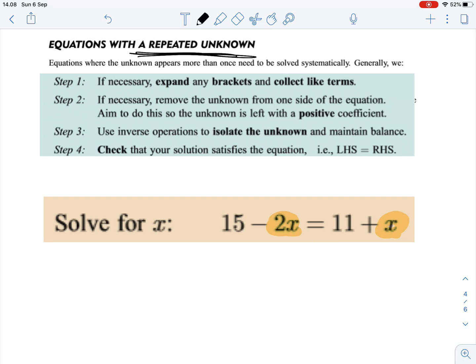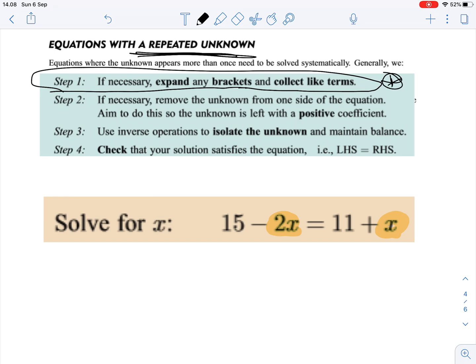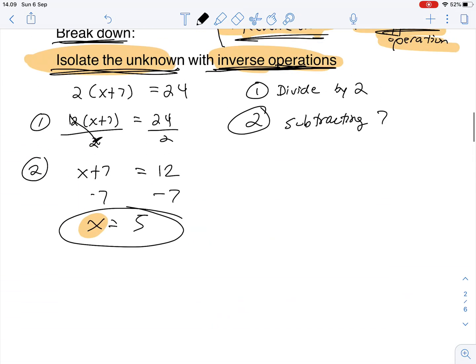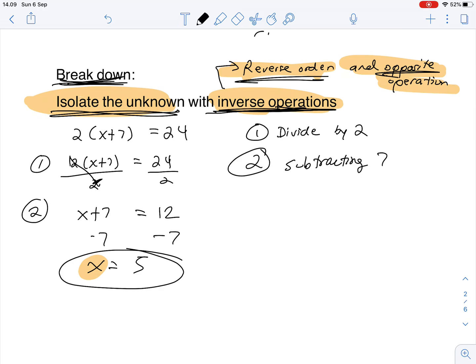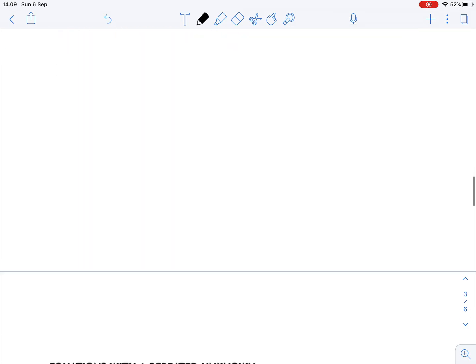The only thing that changes is this first step, which says, if necessary, expand any brackets and collect like terms. That's the only thing that changes. After that, you just need to do, again, what we did here: break down by isolating the unknown and doing inverse operations, which is just doing reverse order of buildup and opposite operation.